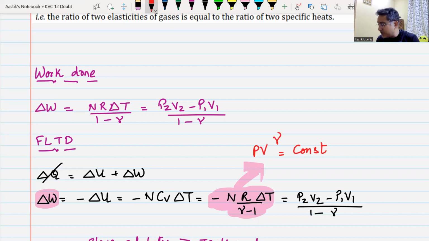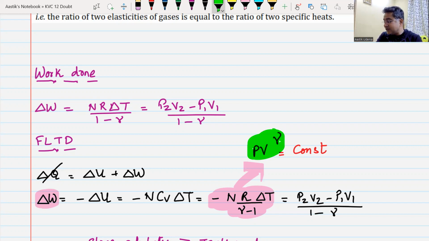When the process was PV raised to the power gamma equal to constant, the work done was minus nR delta T upon gamma minus 1. I hope I have repeated it enough times that you remember.